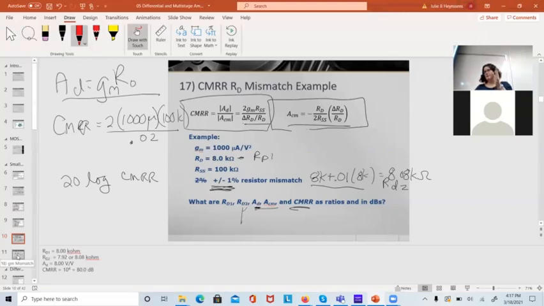So plus or minus 1% is a 2% difference range, and that's why I use the 0.02. Okay, but don't we also divide that value by RD itself, in this case RD1? Right, if you did that, you would take 160 ohms divided by 8K ohms, and it would come out to be 0.02. So I just went for the tolerance, because delta RD over RD is going to be the 2%.